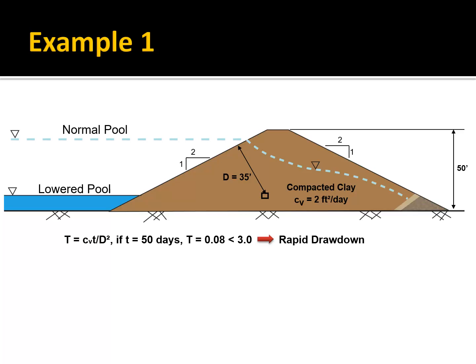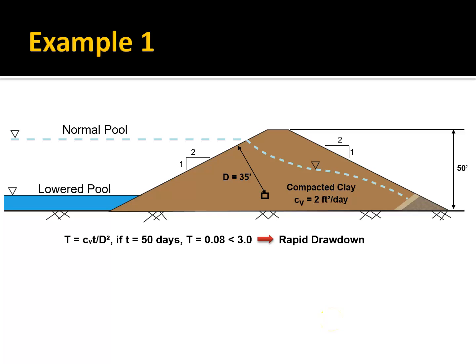It eventually goes to a lower pool, and if you pick a point somewhere here in the middle, our maximum drainage distance is 35 feet. So the drainage distance is for any point in here, what's the farthest it would have to go in order to drain, and anything down here would be straight up, so somewhere around here would be the farthest.